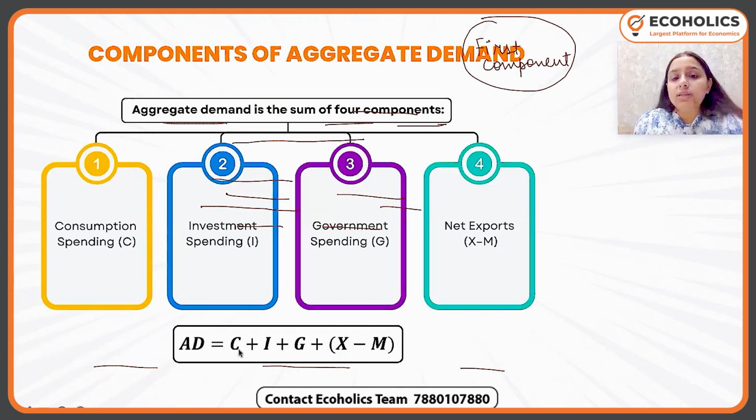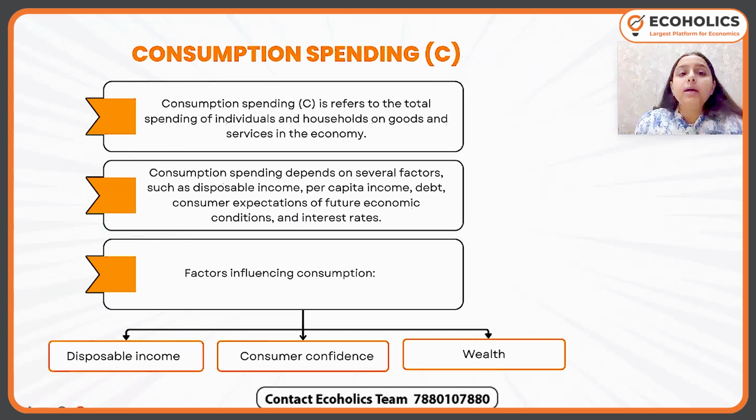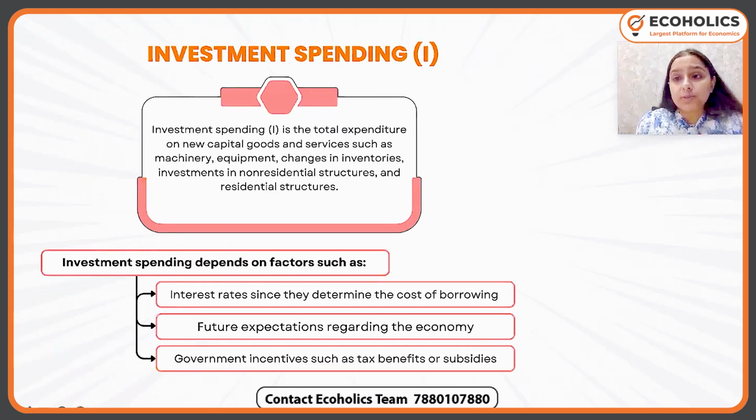All right. So this formula, and we have discussed the consumption spending. Is it clear? Now talking about investment spending. Investment spending is very important to understand. Many people think that whenever some asset is purchased, that is investment. So I want to break that myth here.